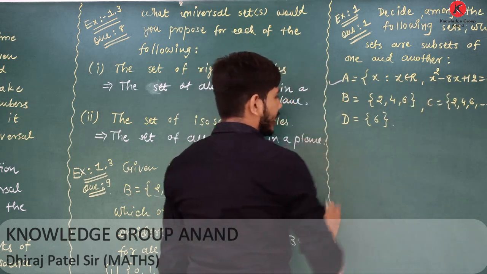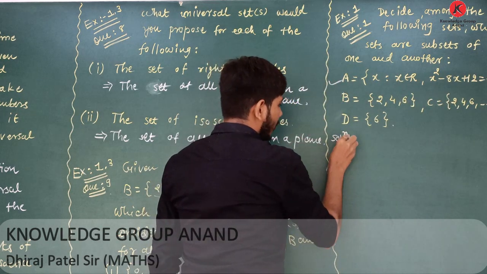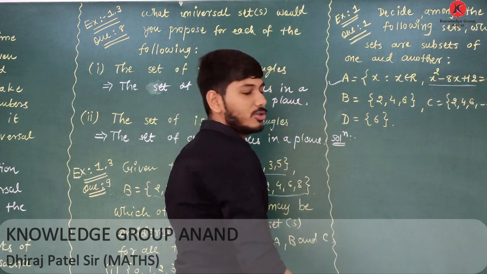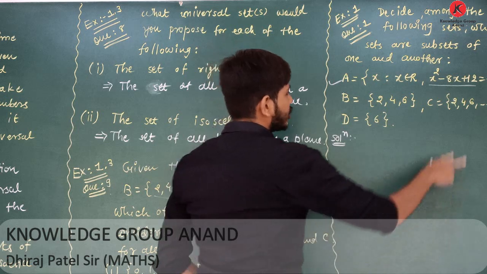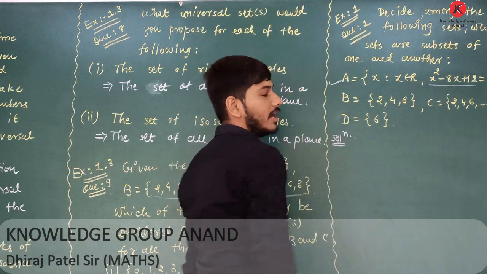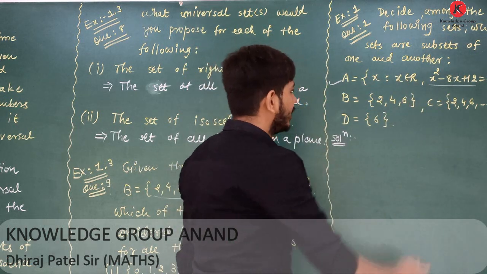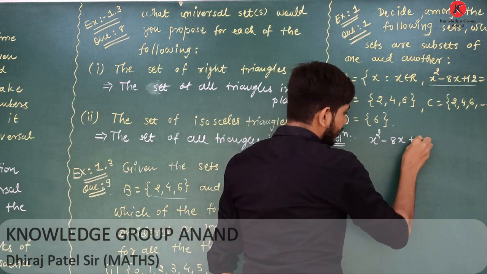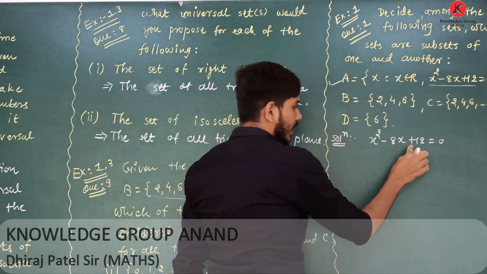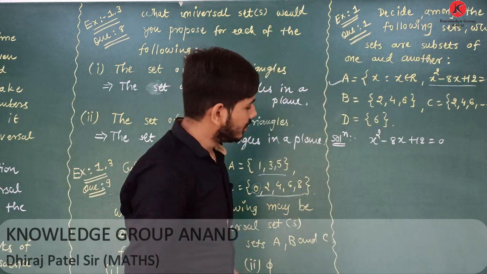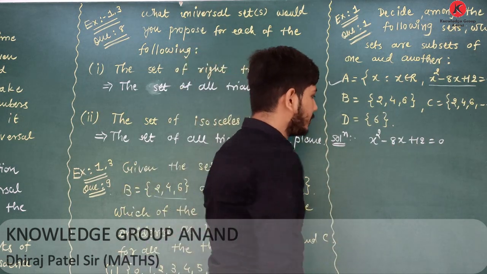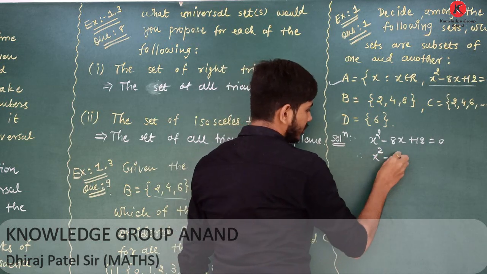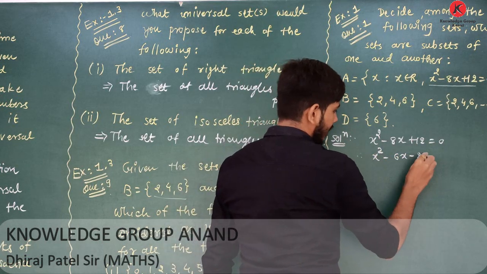For writing set A in roster form, we have to find all the possible values of x which satisfy this equation as well as being real numbers. Finding the values of x squared minus 8x plus 12 by splitting the middle term: 6 times 2 is 12, and minus 6 minus 2 equals minus 8.